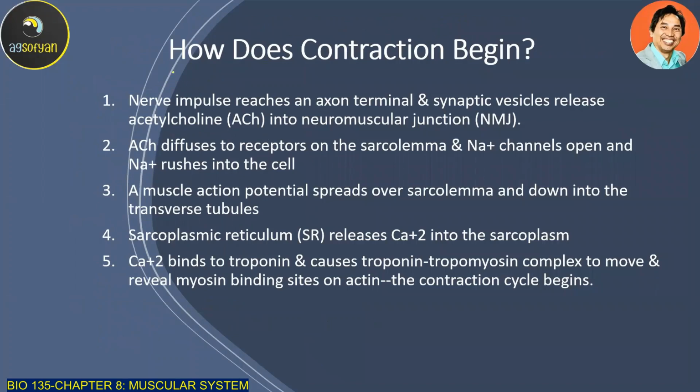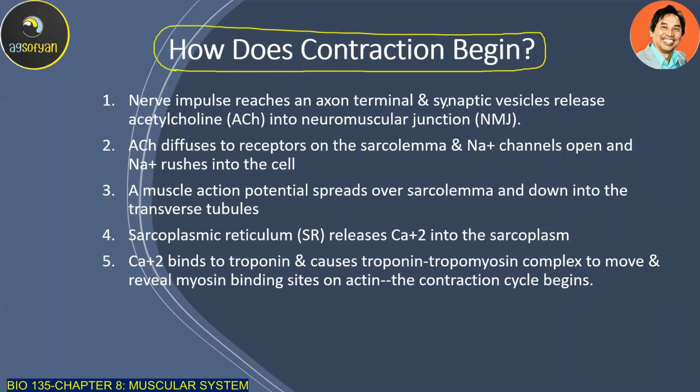Now the question is how this contraction begins. Remember before that the muscle cell has excitability. It means that it can respond to the neurotransmitter that is released by our nervous system. So basically, there is an order or control from the nervous system to start the contraction.